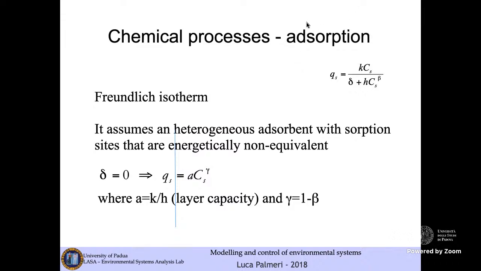So there is a kind of heterogeneity in the adsorbent surface. And in this case, we simply assume that the generalization factor delta is equal to 0 instead of 1. I recall that in the preceding isotherms.